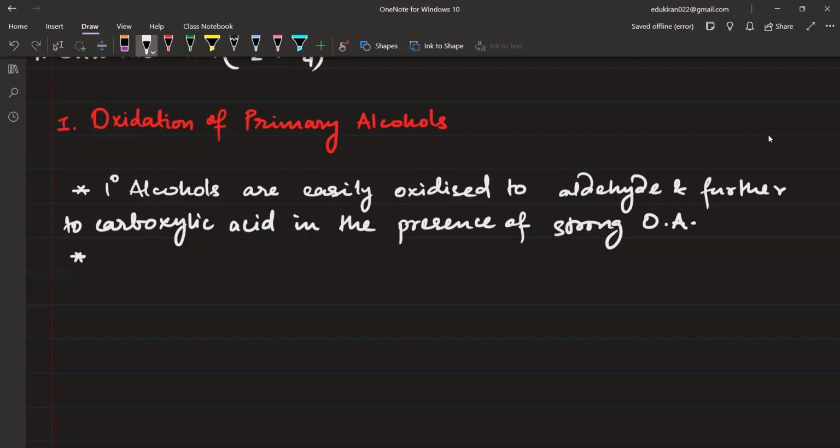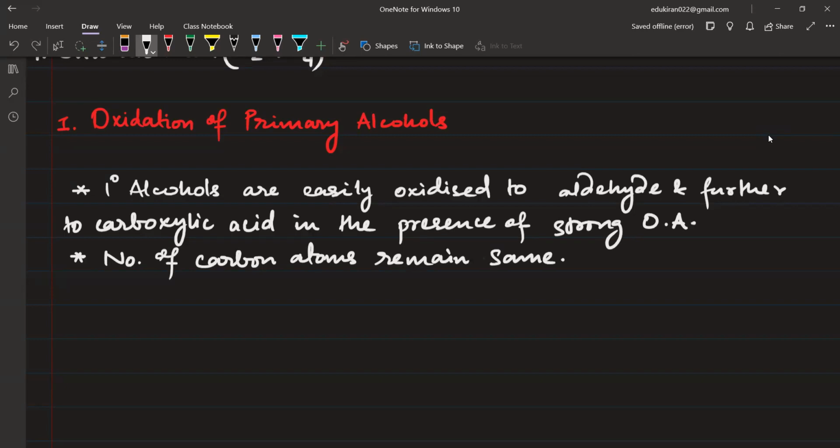Next point. Number of carbon atoms remain same. Throughout the process, that means from alcohol to aldehyde to carboxylic acid, the number of carbon atoms will remain the same.